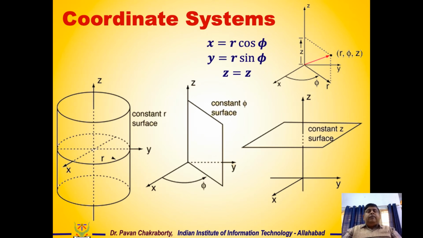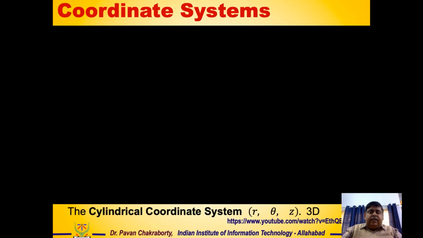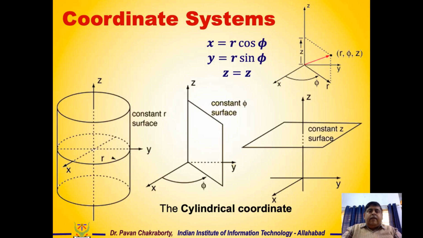So you can represent it as r cos phi and r sin phi. Phi is the angle on the xy plane, starting from x and moving towards y, showing the direction of r. So this forms the cylindrical coordinate system, which is r, phi, z.